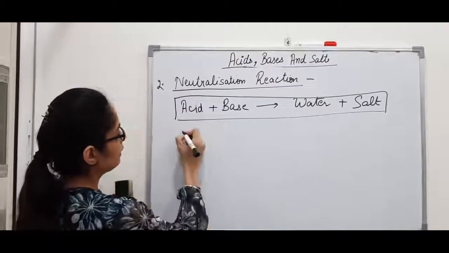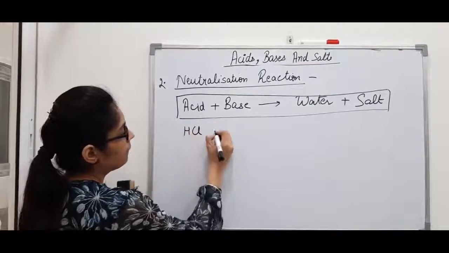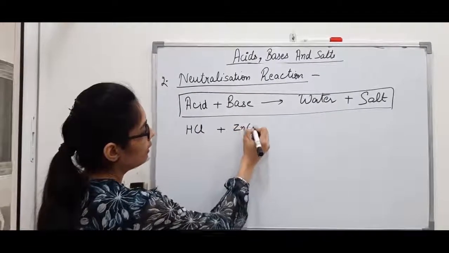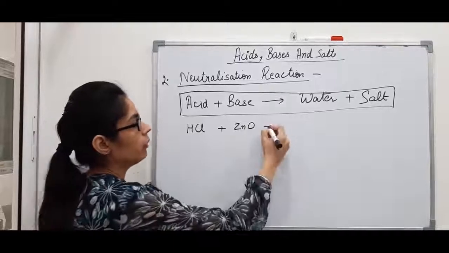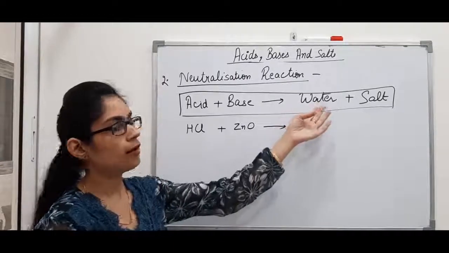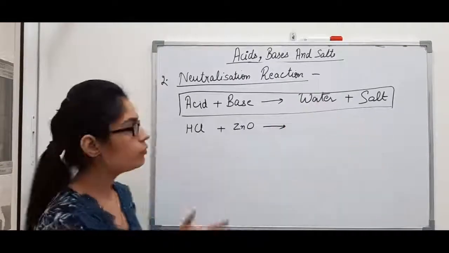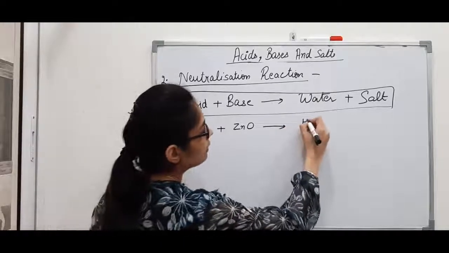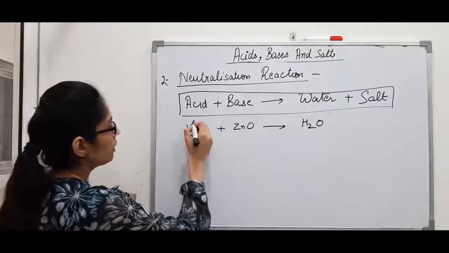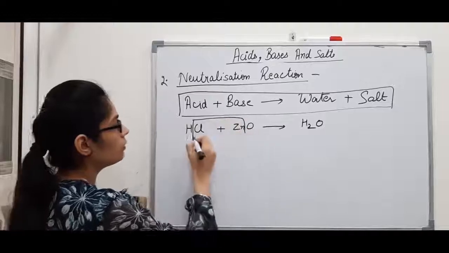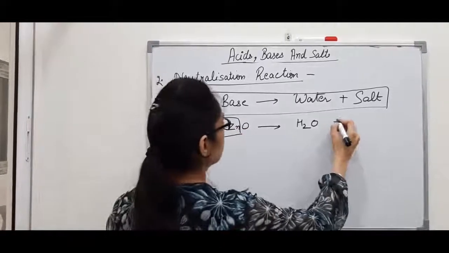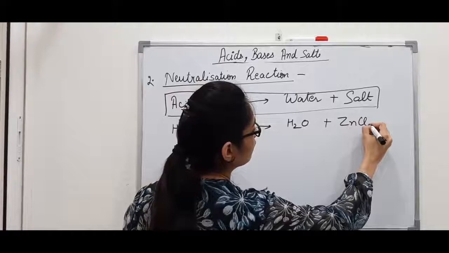So we will take HCl plus zinc oxide. See, it's shown over here, products will be water and salt. So it's easy for you. Water you can write as it is. That salt you can just try to see from here which salt we will get. So it is zinc chloride.